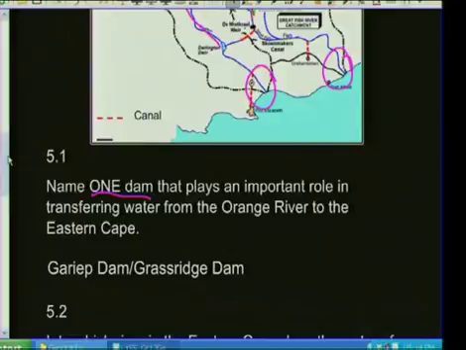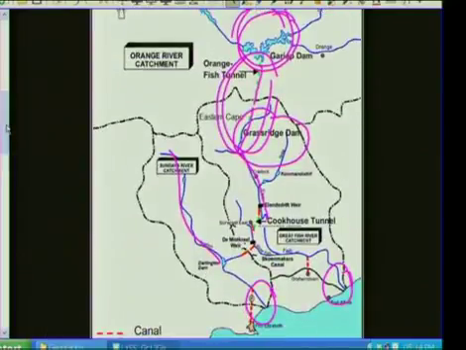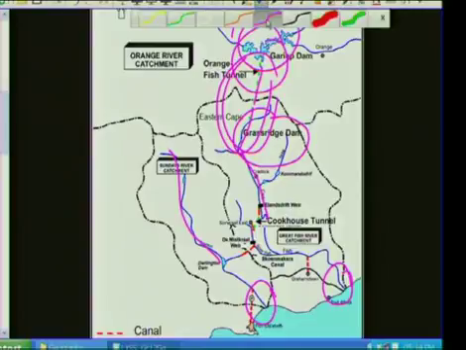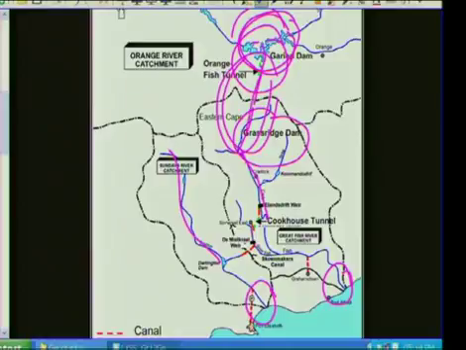Also in this case, sometimes examiners, guys, may say one dam that plays an important role in transferring water. And if I look at these dams, they are transferring water down here. They are transferring water from one point to the next. If we have a dam down here, and let's say it's D dam, and you see no linkage, and you give the name of D dam, that's wrong.